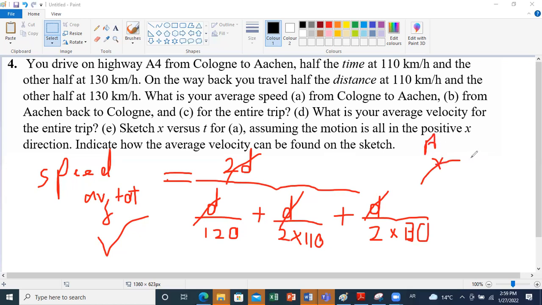I went from A to B. It is 0 because I went from A to B, then I went from B to A. So what is my displacement during the entire trip? Since I got back to the same position, delta x for the entire trip is 0. So the average velocity is 0.